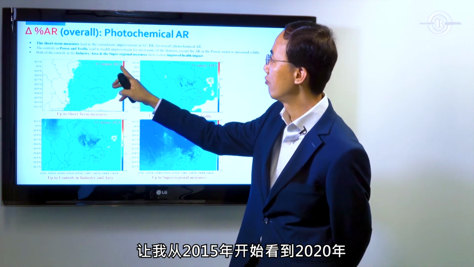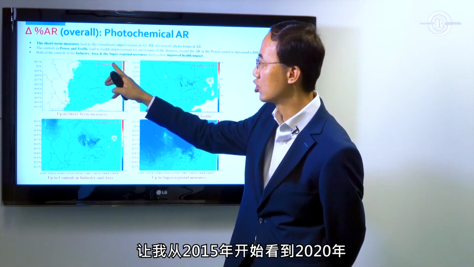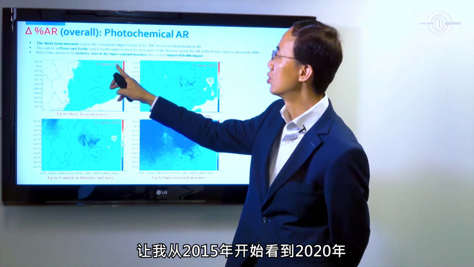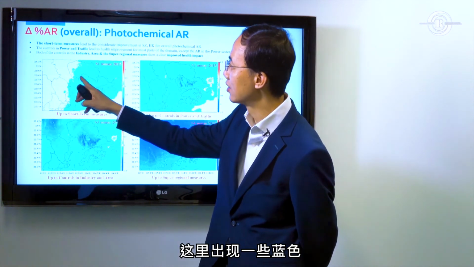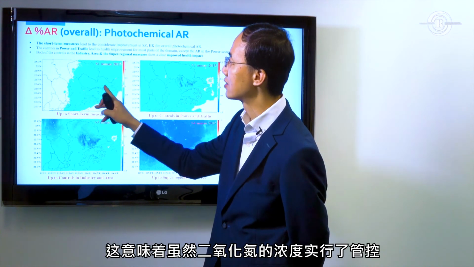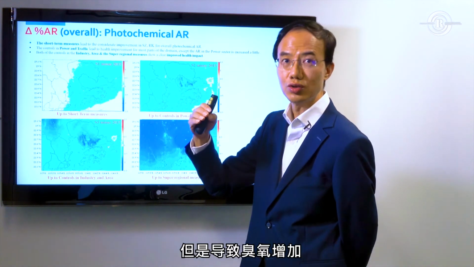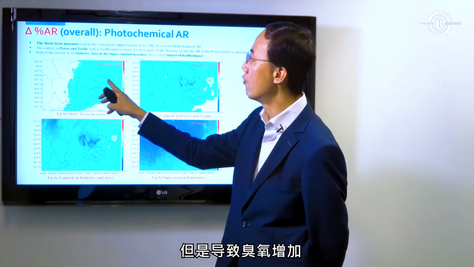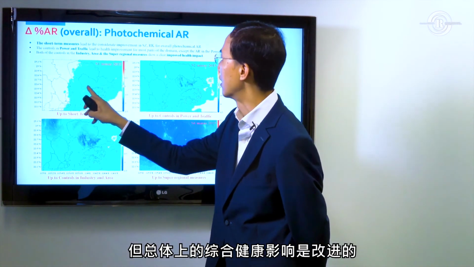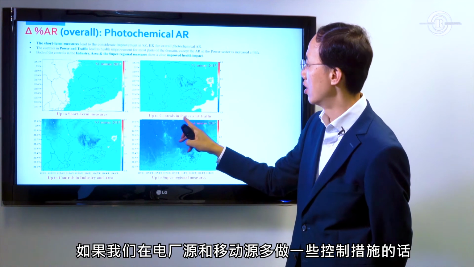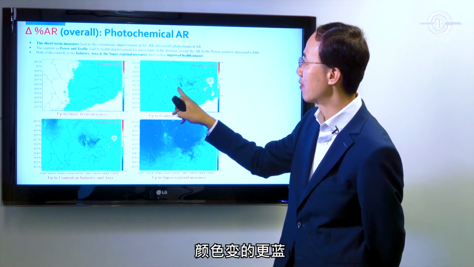From 2015 to 2020, you see there's a little bit of blue here. That means although there's a reduction in NO2 and an increase in ozone, overall the added risk is still negative. If we do more control measures on power and traffic, the color becomes bluer.